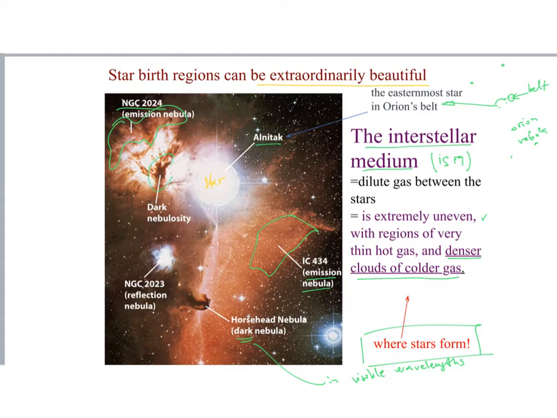There is a dark nebulosity, another region where we believe there are clouds of colder gas, and then there is a so-called reflection nebula, another name. NGC stands for New Galaxy Catalog. So initially that blob was believed to be a galaxy, but it turned out after more investigation that it is actually just a reflection nebula, which, as we will see in a second, is a region where stars are born.